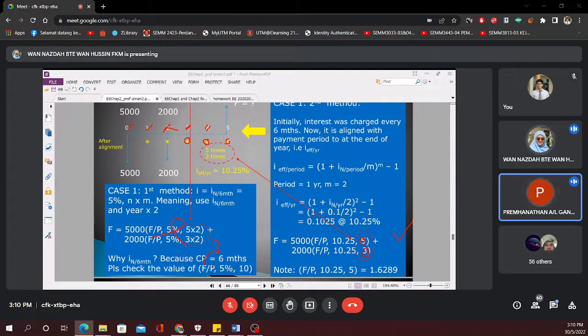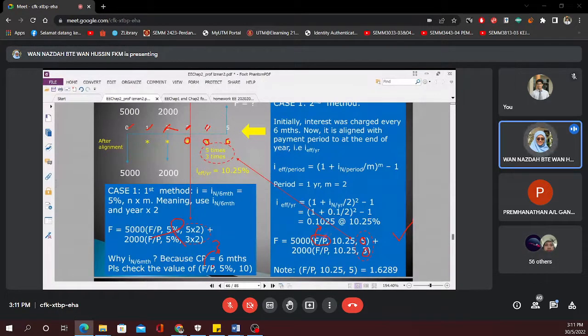Doctor. Yes. Sorry doctor, can you explain the part F equals to 5,000, F over P? I don't quite understand. How did it come out? Which part don't you understand? This F is 5,000. Where does F over P come from? This is not F over P as division. This is how you show that you are looking for the value of F where P is known.